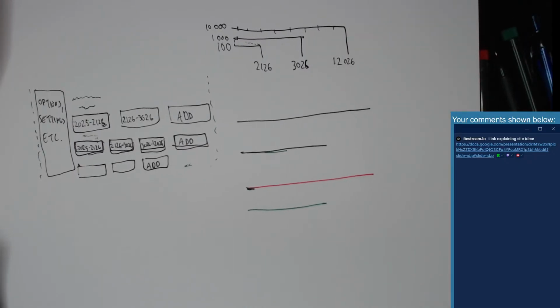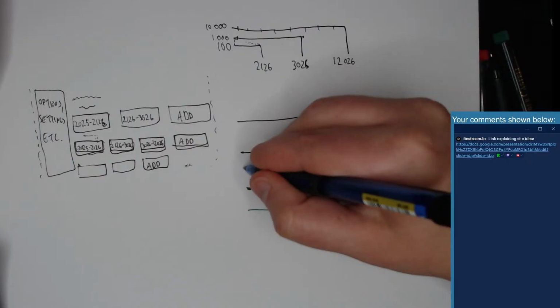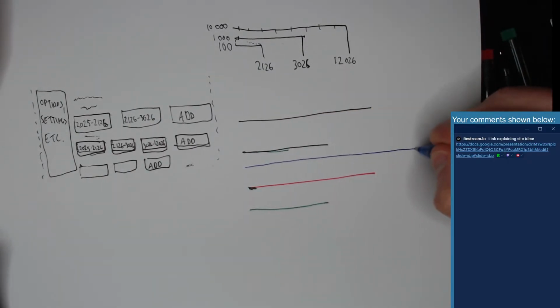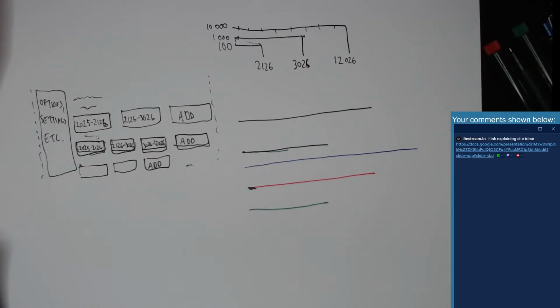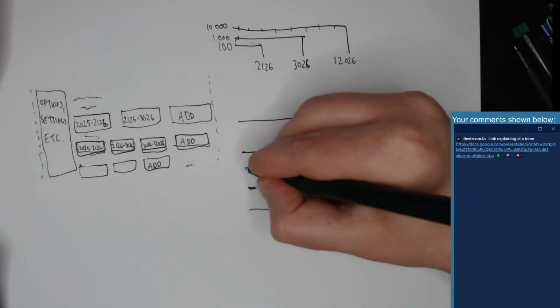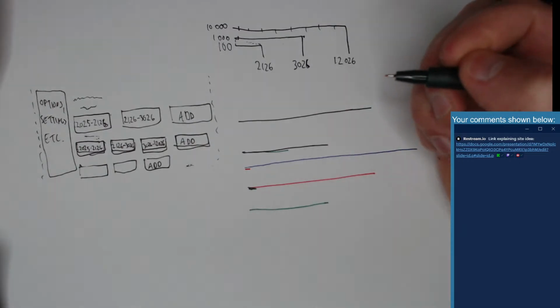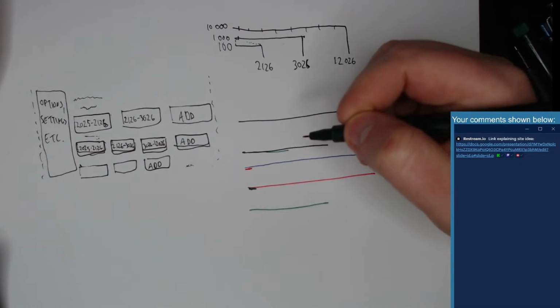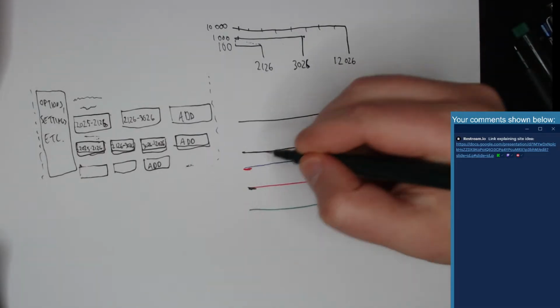And then you would have a blue one here, goes even further, and the first 10th of that would be painted red to indicate that.